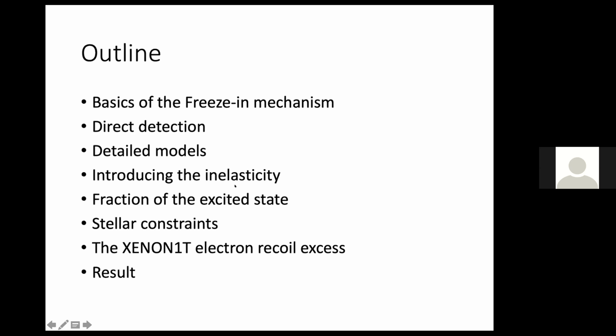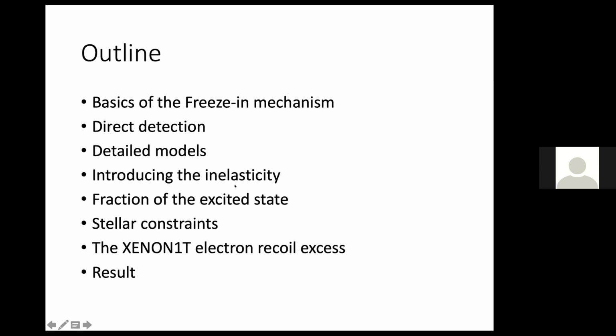So if the dark matter coming into the detector is the excited state, it can collide with maybe electrons in the target, and then it will go into the ground state, and the gap energy will be released to the electron, and the electron will be kicked out, and we can see the signal, okay? So to do the direct detection, we must assume that a sizable fraction of the excited state exists in today's universe, or we cannot do the detection.